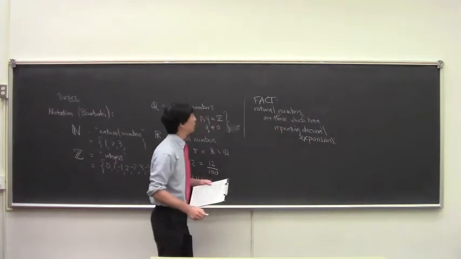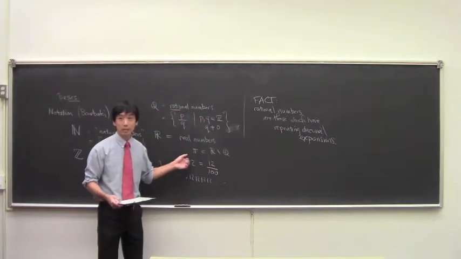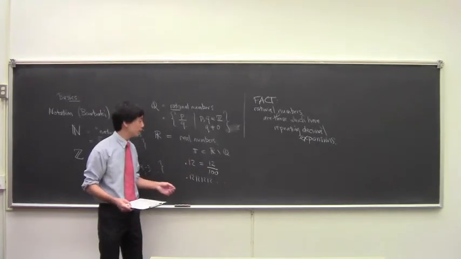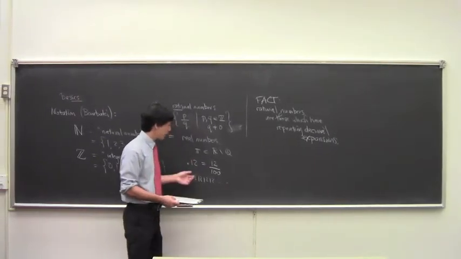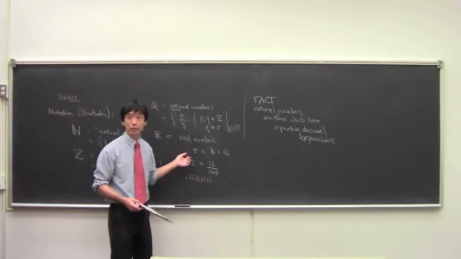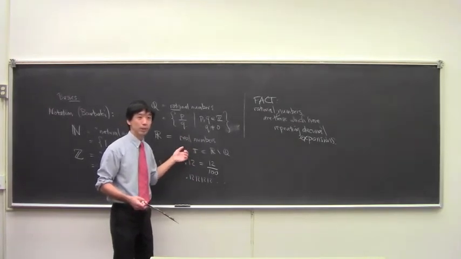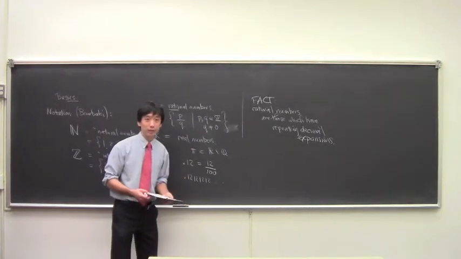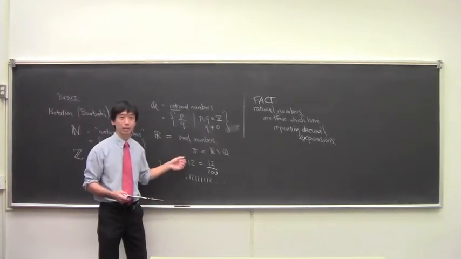If you see something that has a repeating decimal expansion, then you know it's rational. And if you see a rational number, you know that if you divide it out, it will have a repeating decimal expansion.